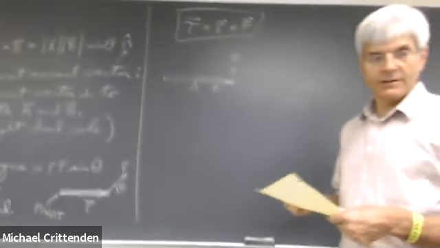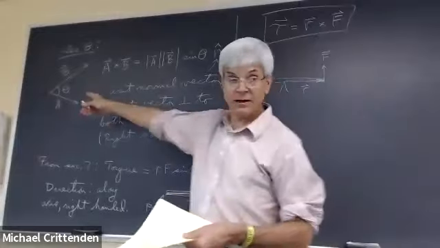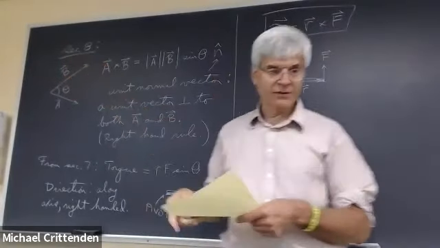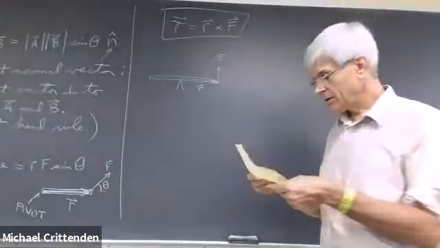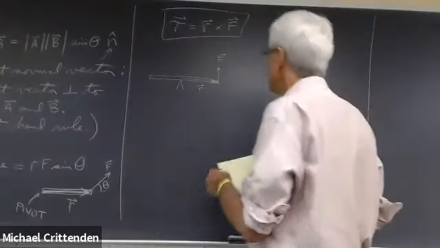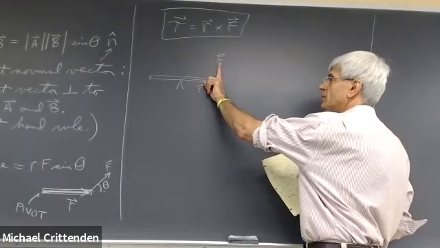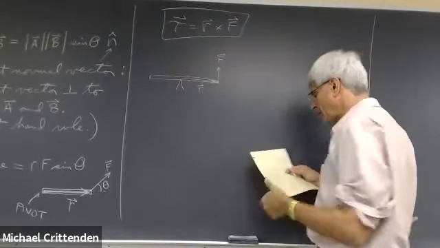Well, to make it match the way I drew this over here, you really want them with their tails together. So make use of that parallel displacement property that vectors have. Take the force and slide it back over here, either that or take the radius vector and slide it over.